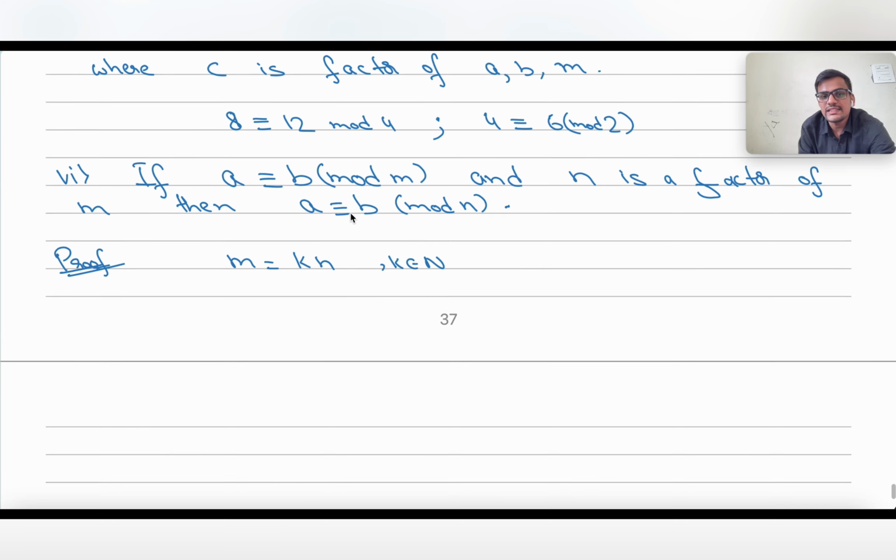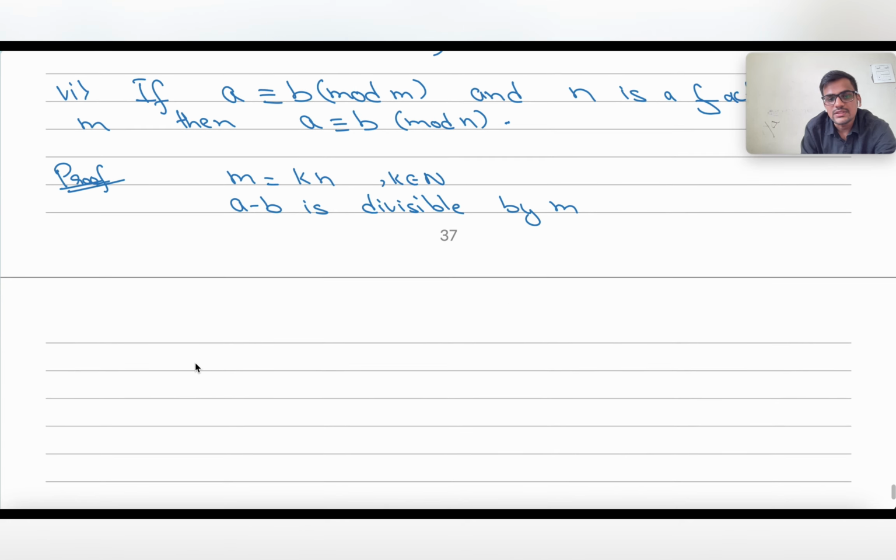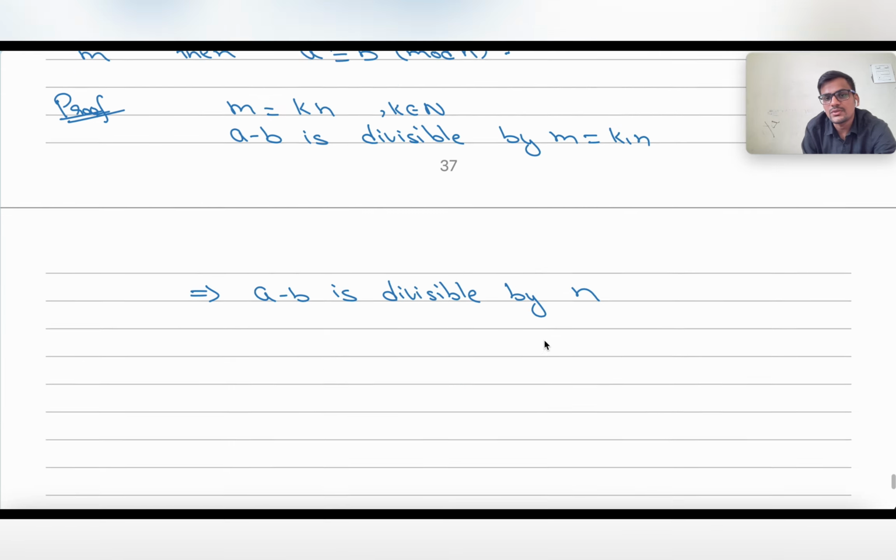Now we have A is congruent to B modulo M, so we have to show that A minus B is divisible by M. This will imply A minus B is divisible by N also. Why?